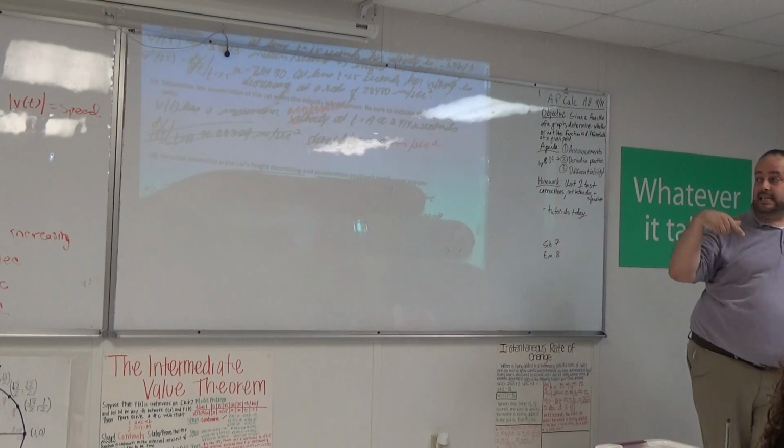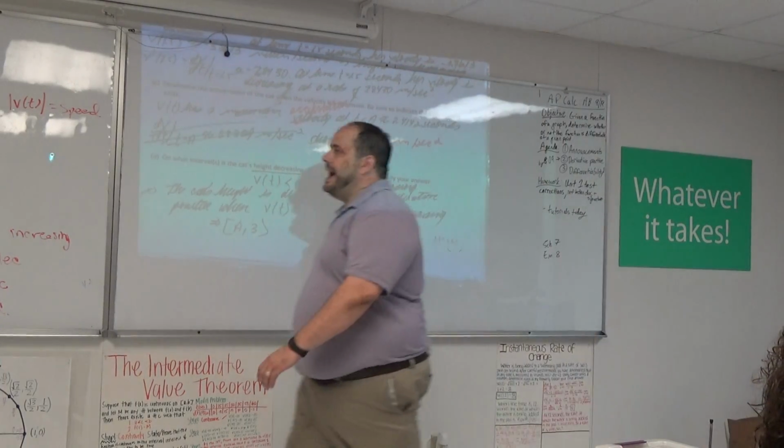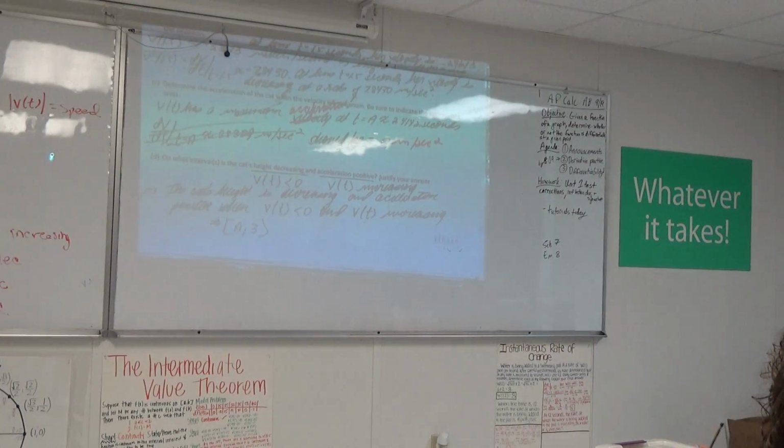I want to go back to these relationships over here. If height or position is decreasing, then the derivative, which is velocity, must be negative. Right now, all I care about is velocity is negative. If height is decreasing, velocity is negative.